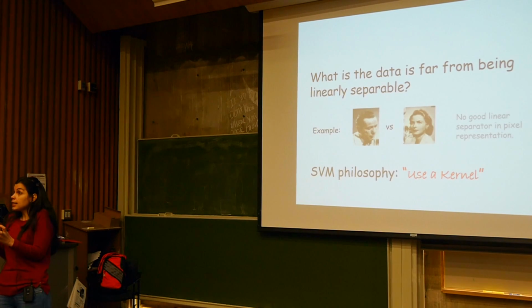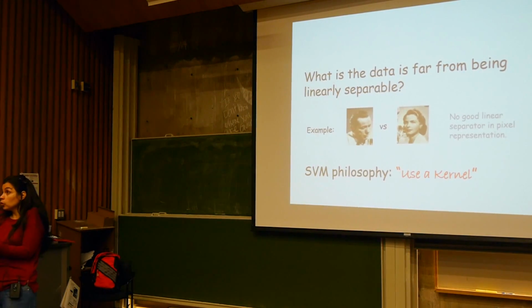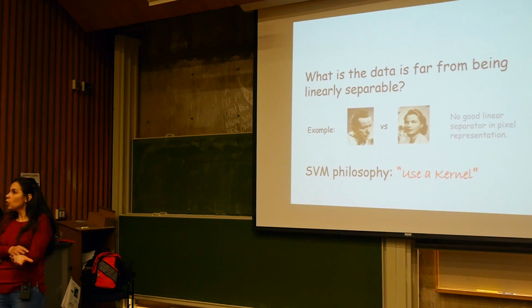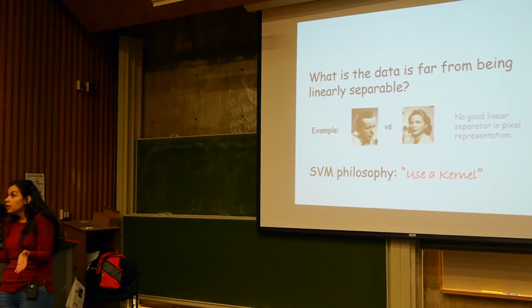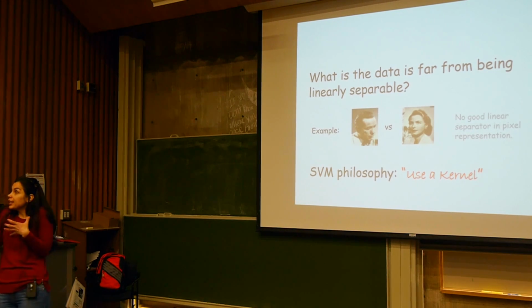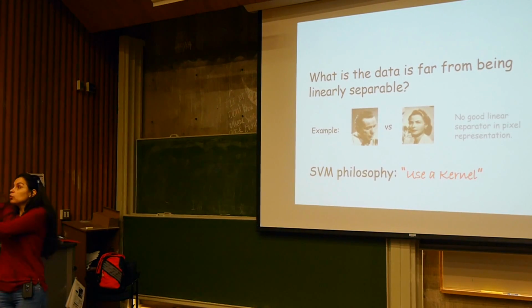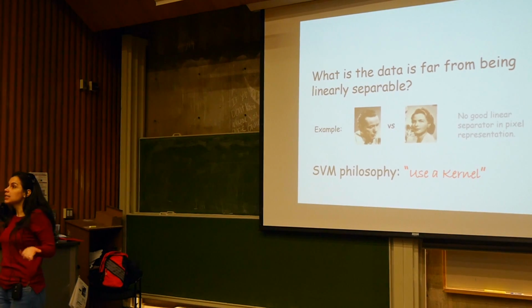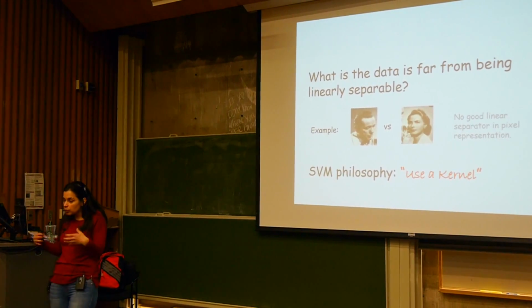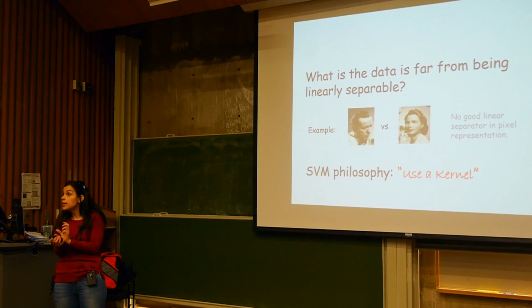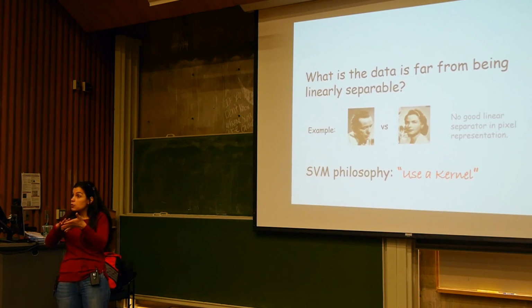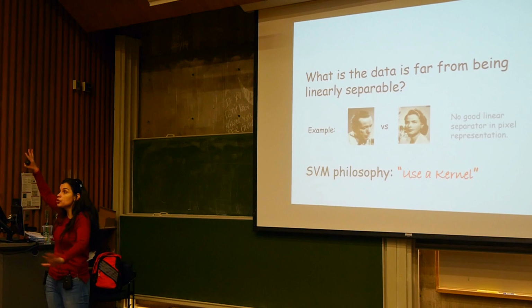So I can replace a dot product computation x dot z with k of x comma z, and get the same behavior as if I mapped the data into the phi space and applied my original algorithm there. In combination with learning algorithms that operate only by dot products, kernels allow us to implicitly access a higher dimensional feature space.